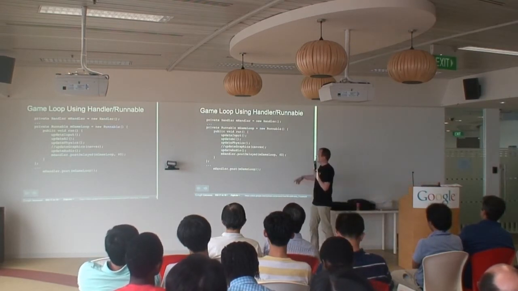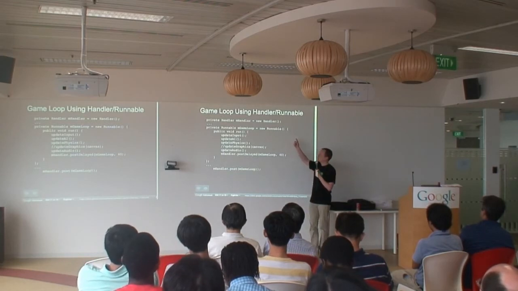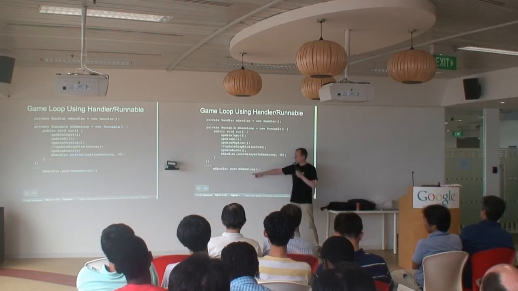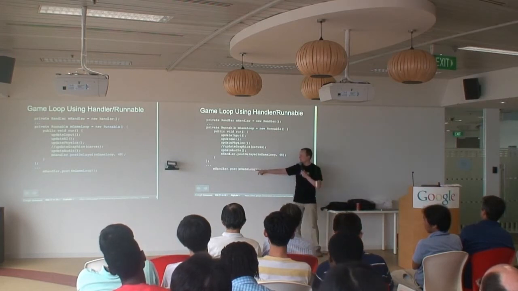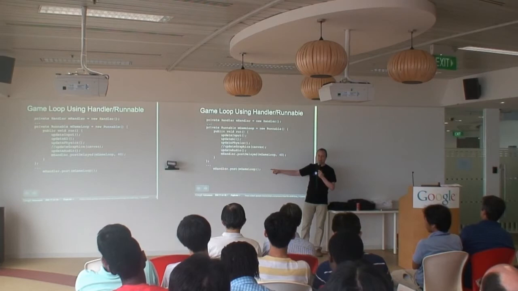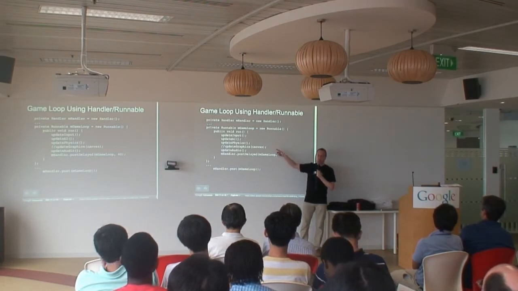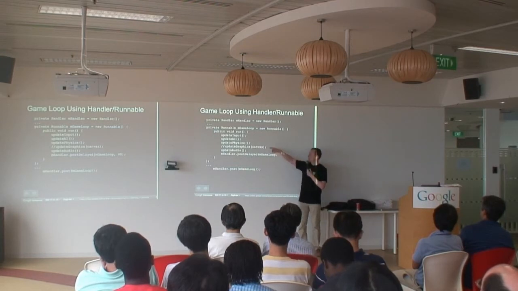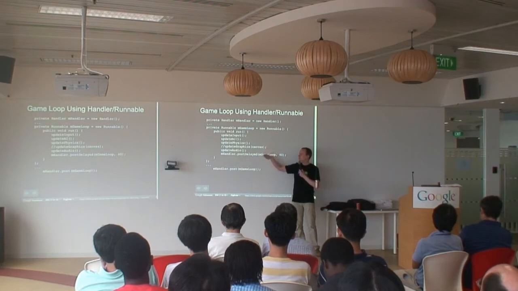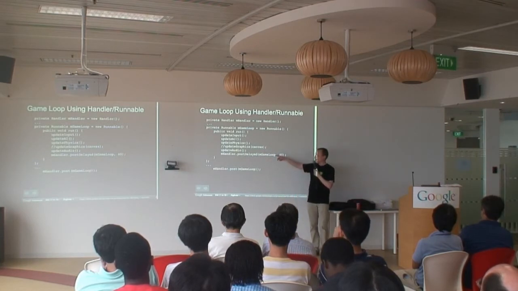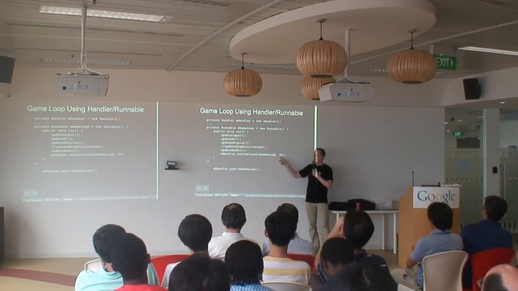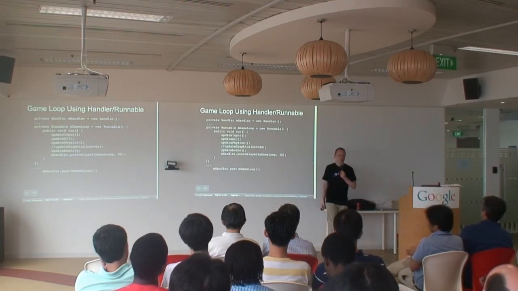You have this runnable object, and you start it off by posting this object to the handler. That will make sure this method is called the first time. So we do everything again except the graphics part because we don't have the canvas object. And finally we call post delayed to make sure the method is called again.